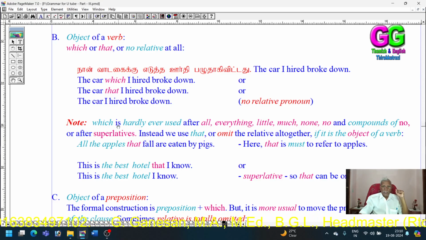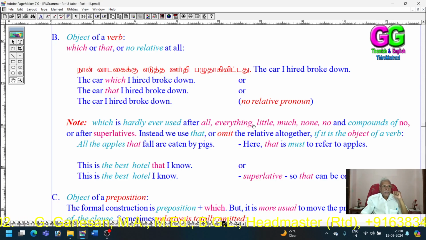Note here that which is hardly ever used after the words all, everything, little, much, none, no, and compounds of no, or after superlatives.